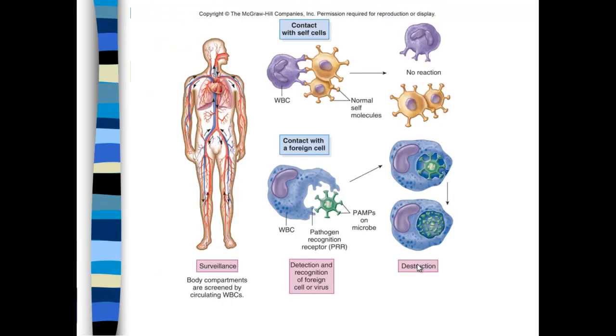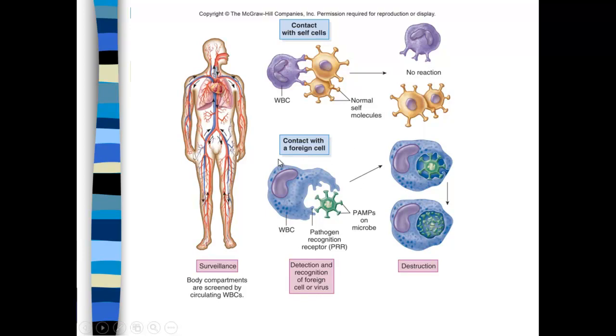Okay, and so when you look at white blood cells, here's a monocyte, and it is looking for specific cell surface receptors, and when the receptors bind between the white blood cell and normal self molecules, or normal self cells, then there's no reaction. Okay, it recognizes it as itself, the white blood cell moves on.